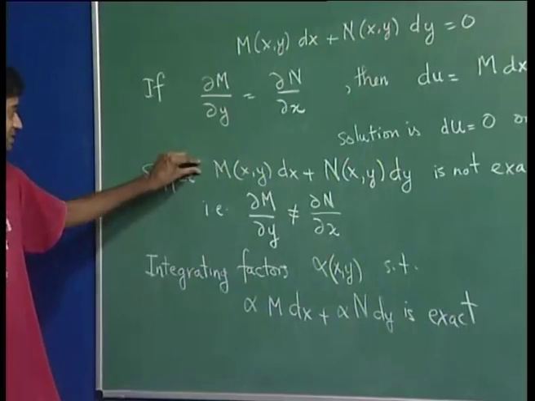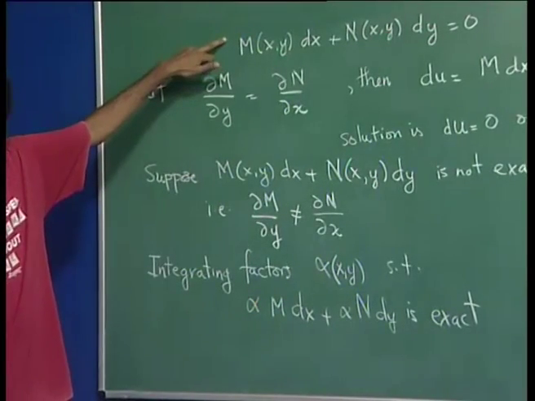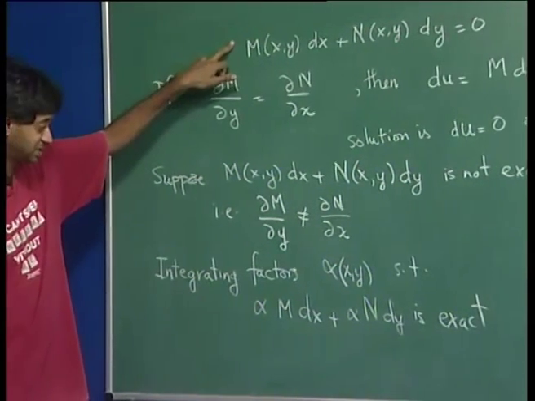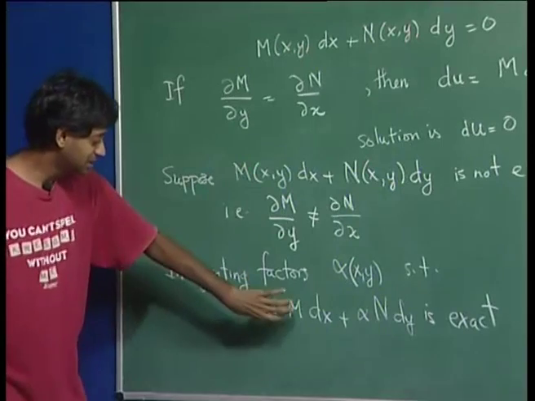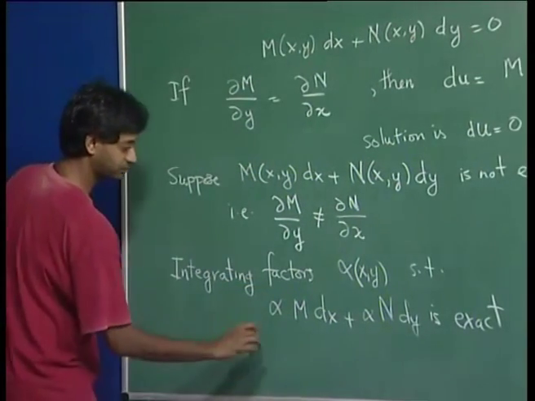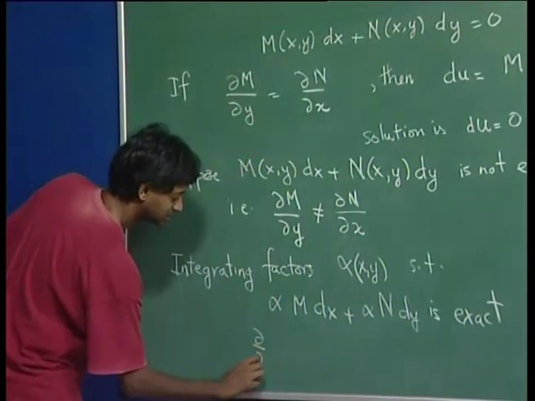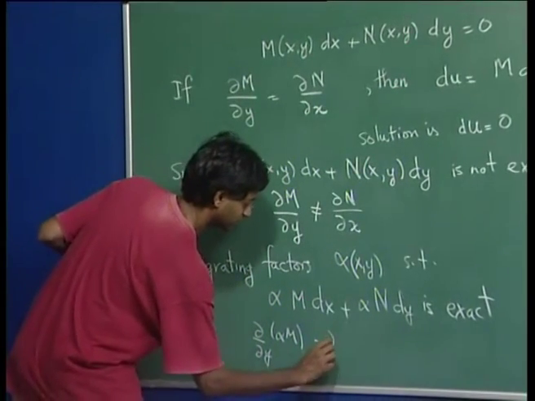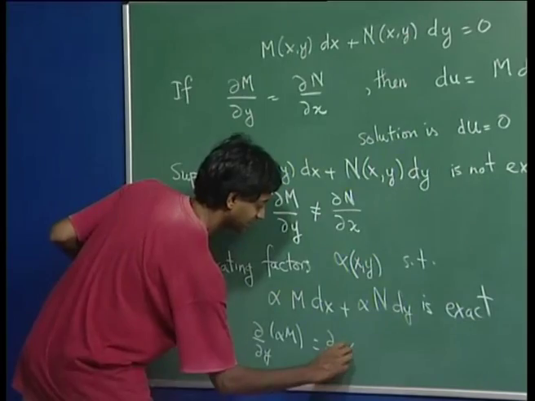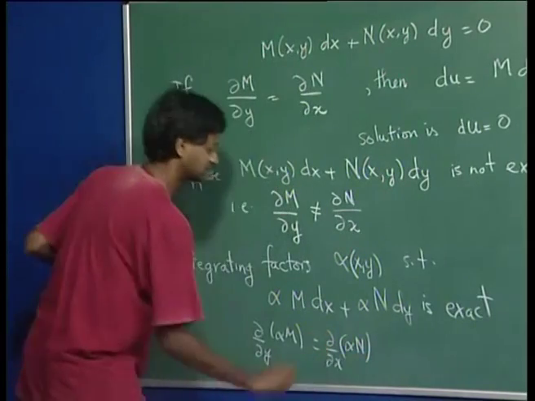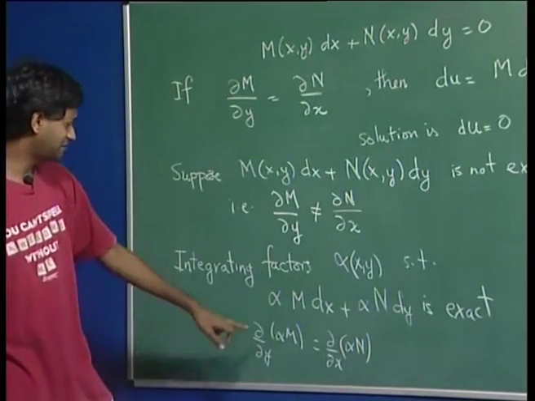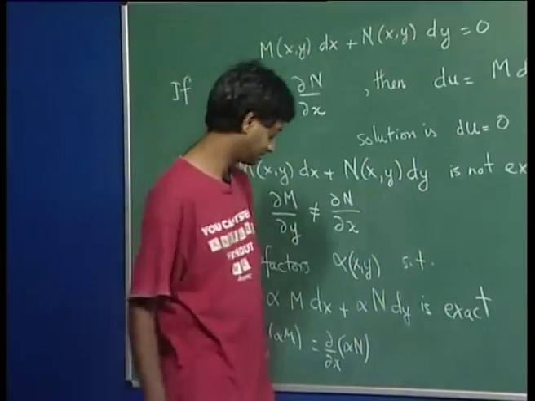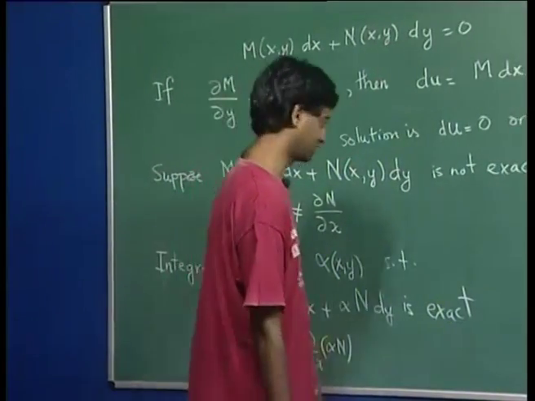So I am just multiplying this original differential equation by alpha, so I have the same differential equation. But then you have dou by dou y of alpha M is equal to dou by dou x of alpha N, where alpha is a function of x and y.